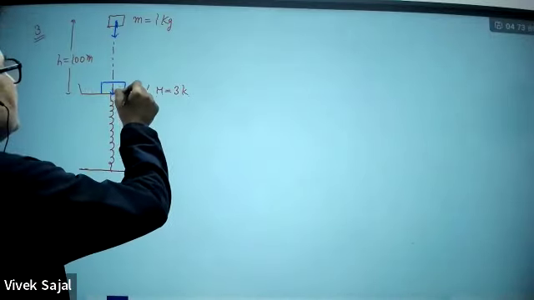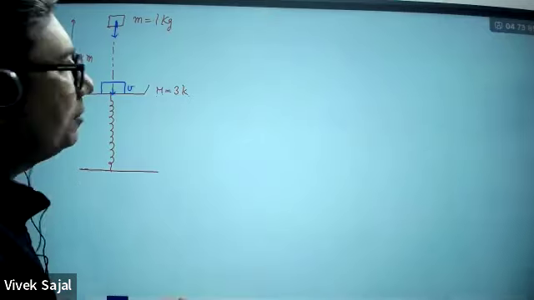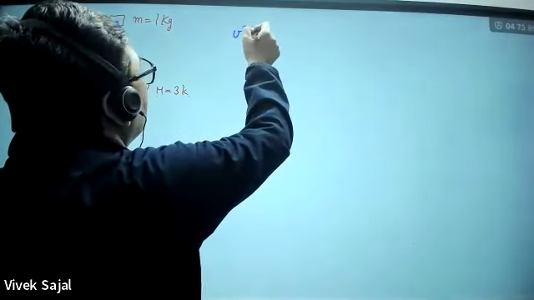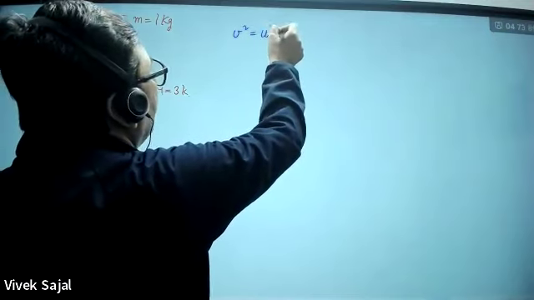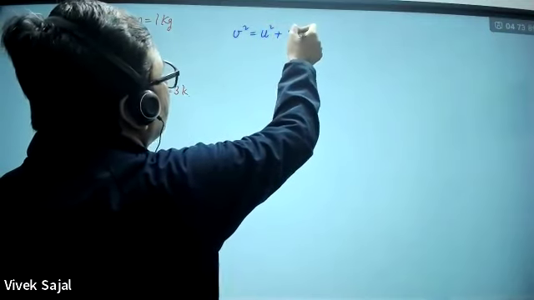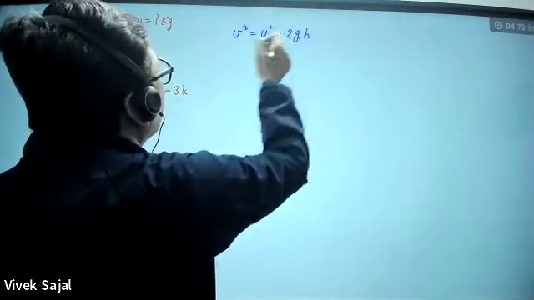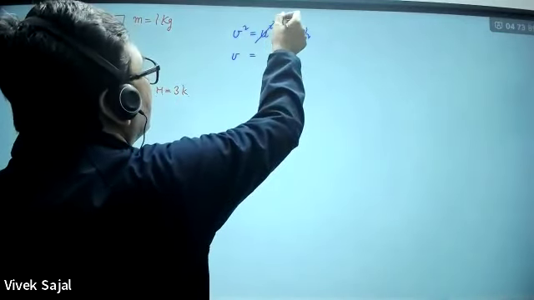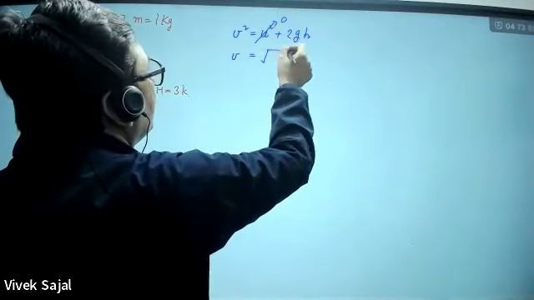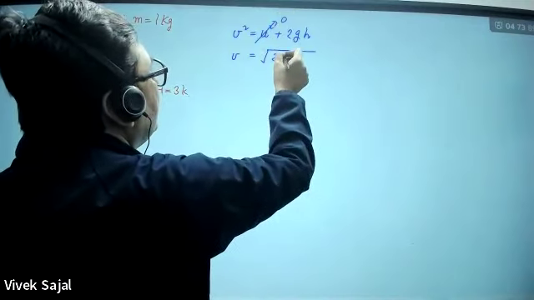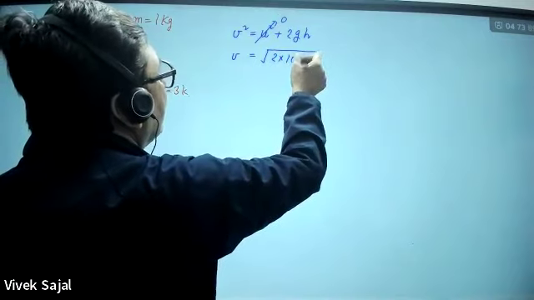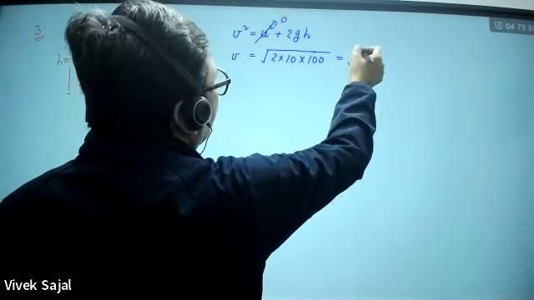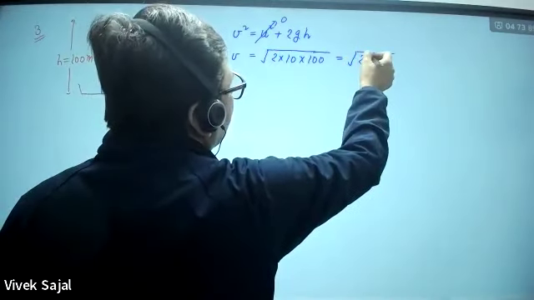So what will be v? v square is equal to u square plus 2gh, u is 0. So v will be square root of 2gh, so 2 into g is 10 and this is 100. So this will be square root of 2000 meter per second.